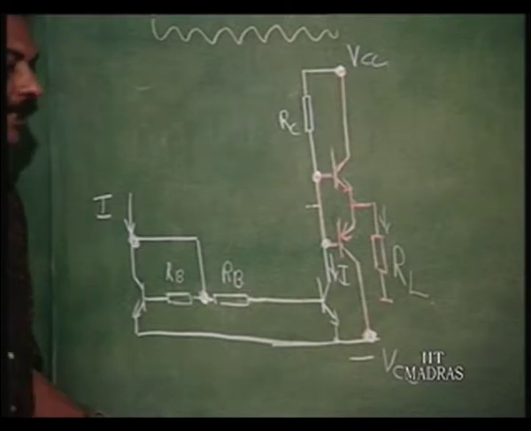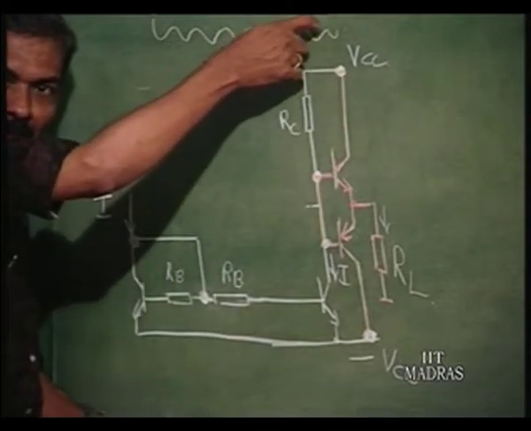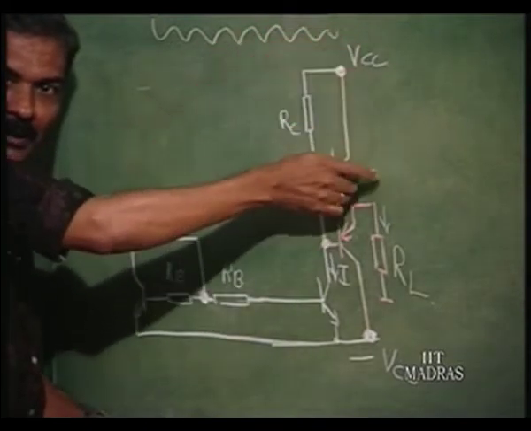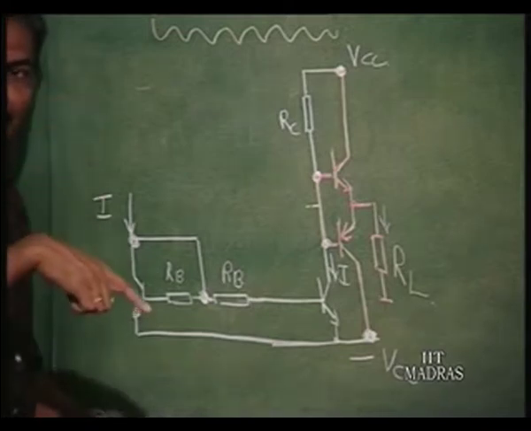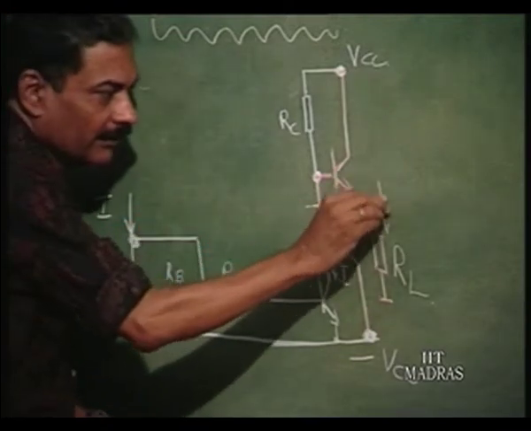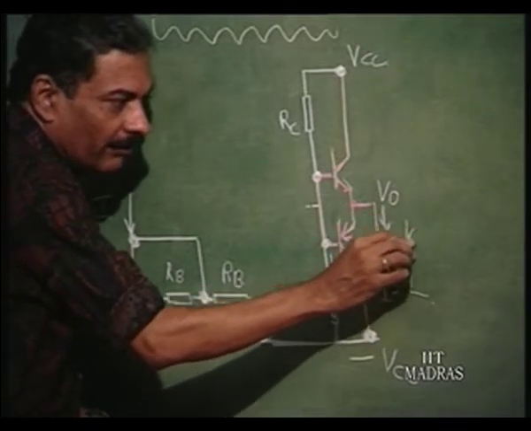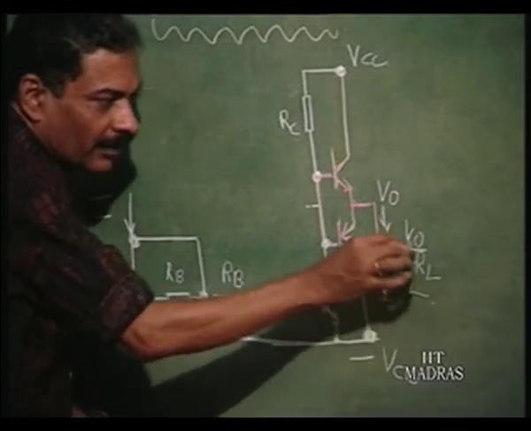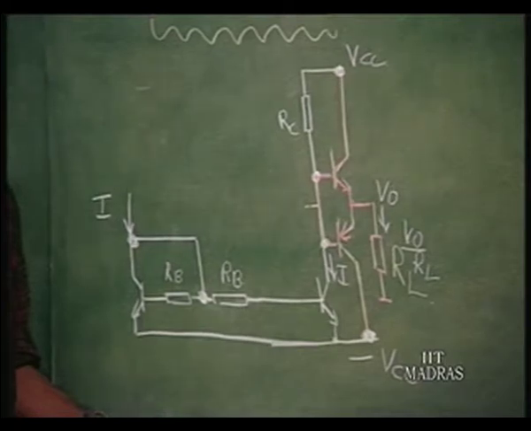So, please remember that the driver stage should be giving you a full voltage swing that is required for the class B output stage. Only the current swing is going to be beta times less, because when this is V naught, the current in this is V naught by RL. V naught can go as much as VCC minus V gamma on one side, minus VCC plus 2 V gamma on the other side.